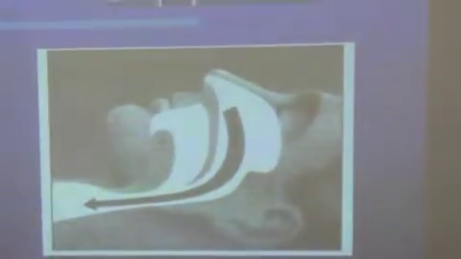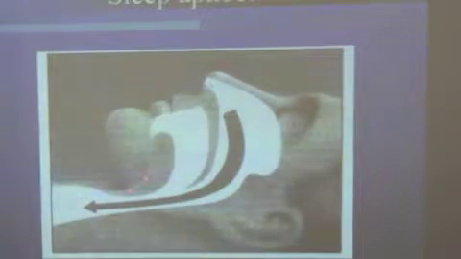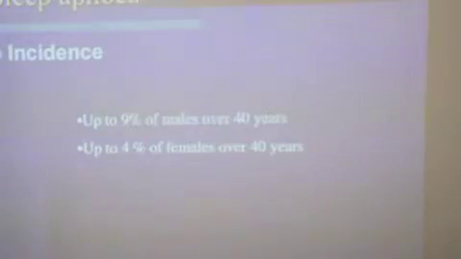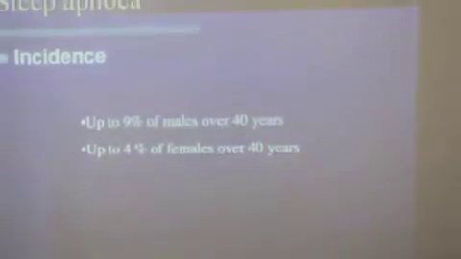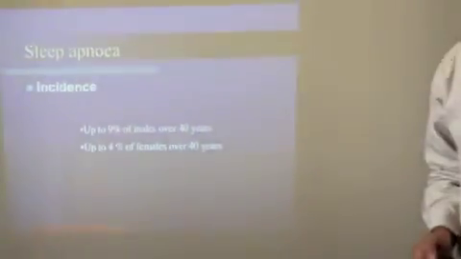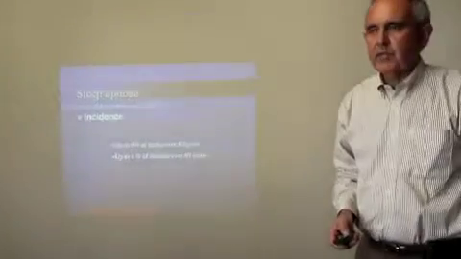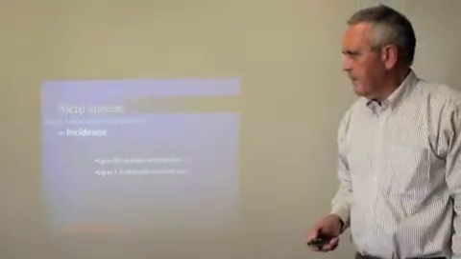When one falls asleep, the base of the tongue tends to fall backwards and the soft palate tends to fall backwards. This causes either a partial or a complete blockage to airflow. The body can't allow that to continue, so after a while the patient with obstructive sleep apnea will cough and splutter and roll over and start breathing again.